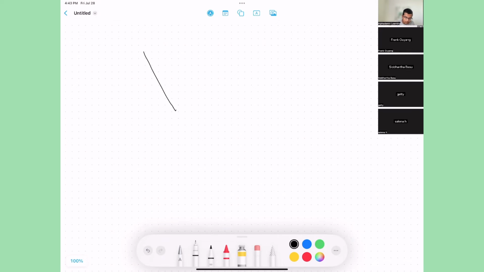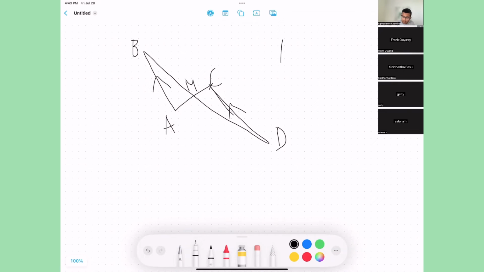If I have something like this, this is B, this is A, this is M, this is C, this is D, and line BA is parallel to line CD, and also M is the midpoint of AC.